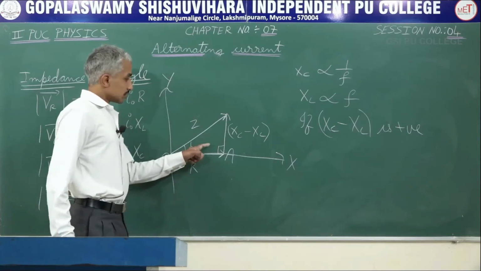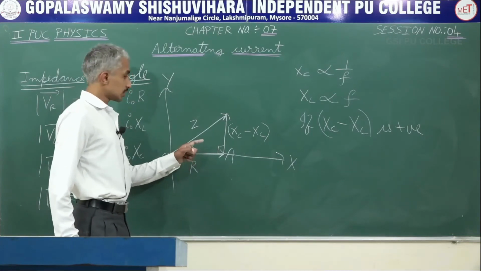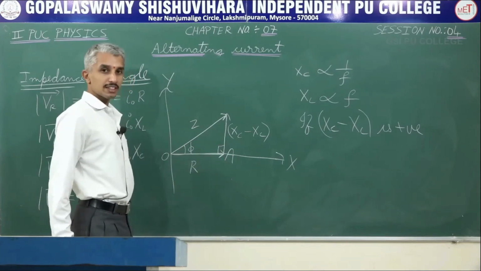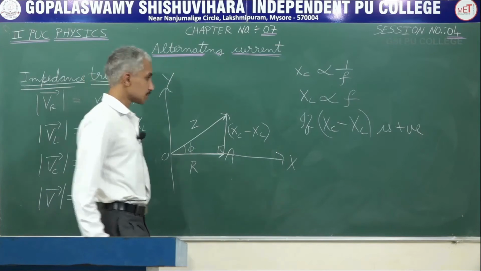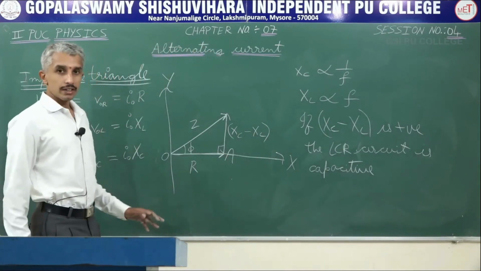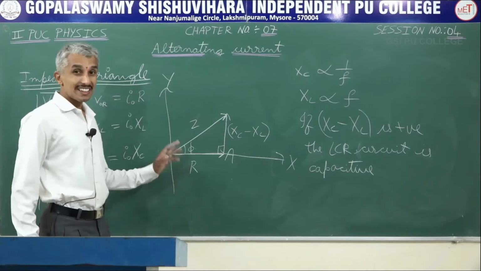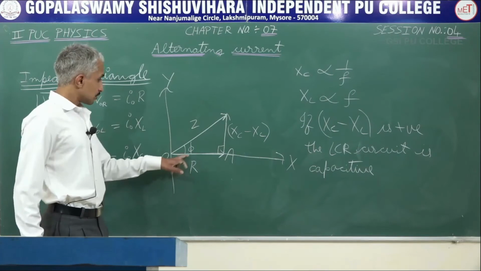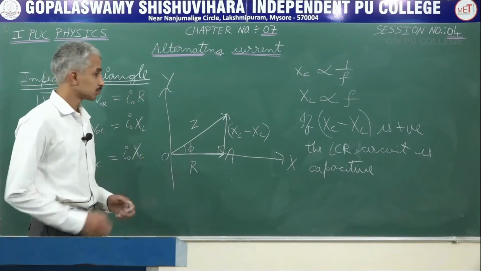So the series LCR circuit will be more capacitive, it acts like a capacitive circuit. So what do you mean by more capacitive? Which means the current in the circuit leads the voltage in the circuit by a phase difference phi.